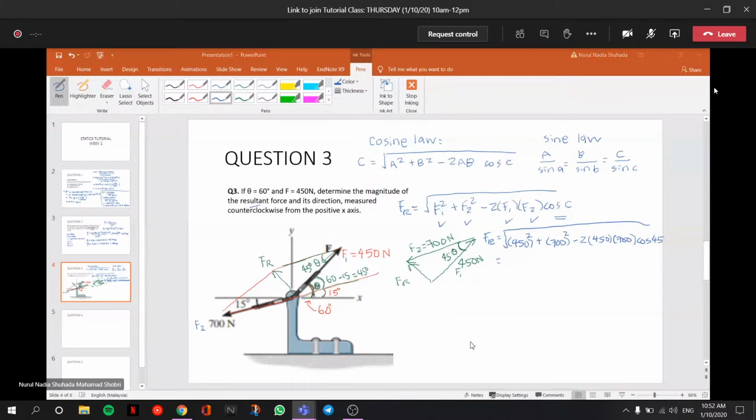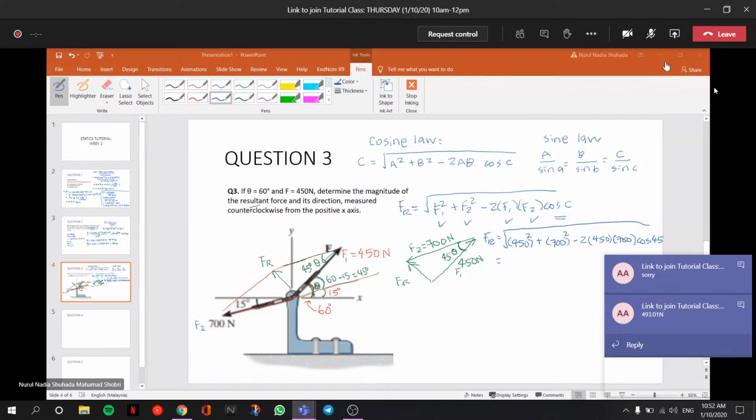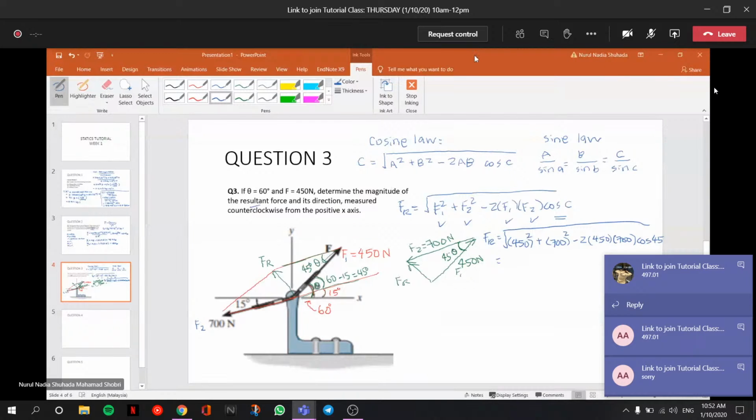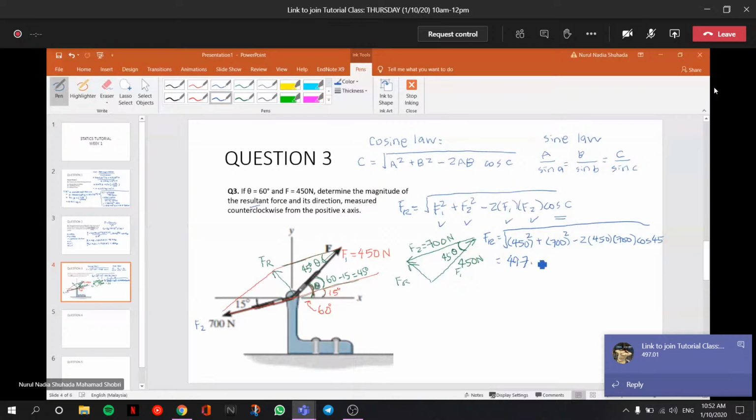Anyone? Okay, that's correct. So the answer for the resultant force would be 497.01 Newton.